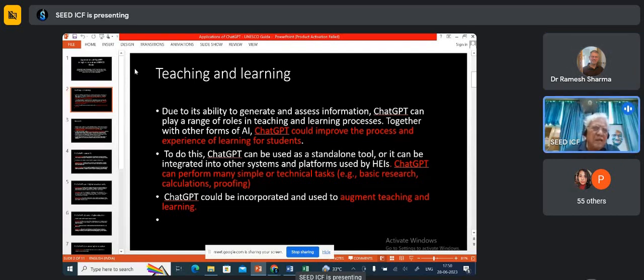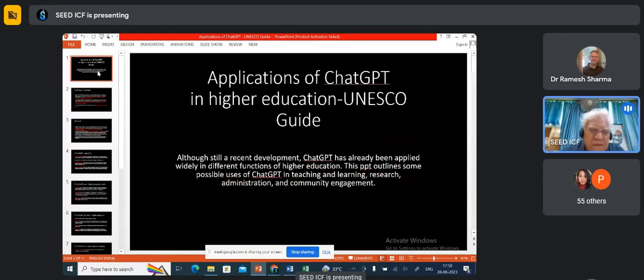What I was trying to suggest is that this problem came up, and then UNESCO wanted to address it. OpenAI software of large language modeling is very important. It has come into the field, and everybody is using it. There is also a positive and negative aspect of it.